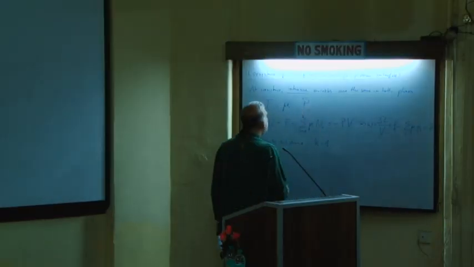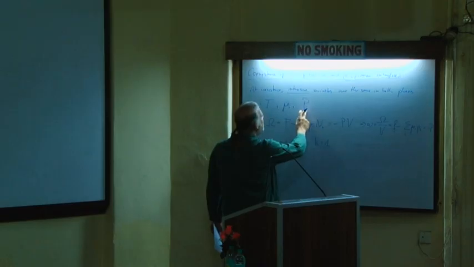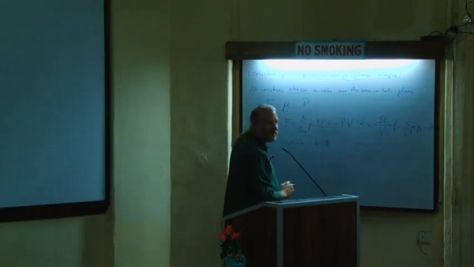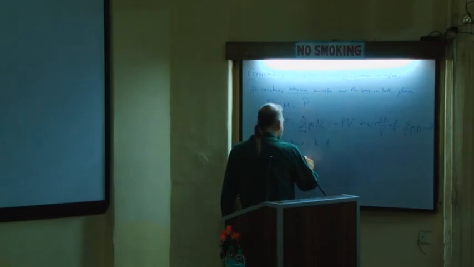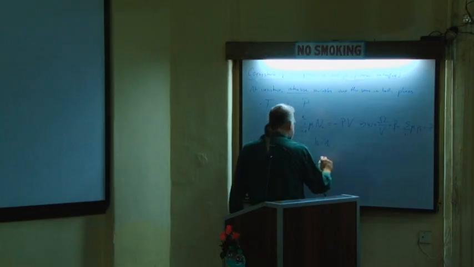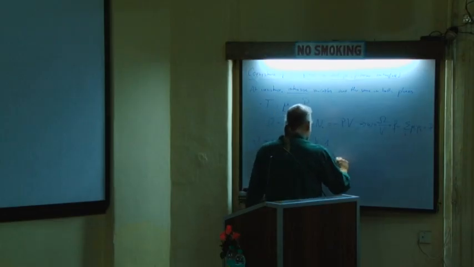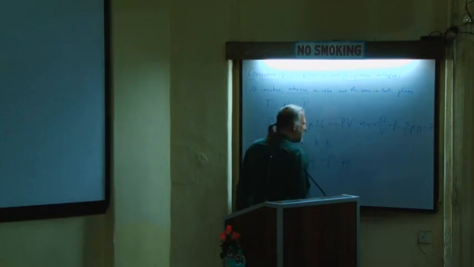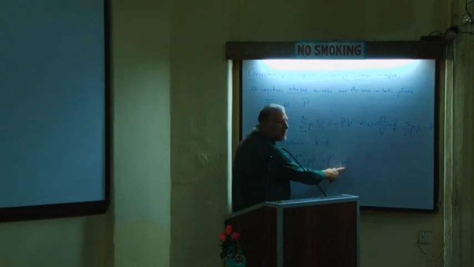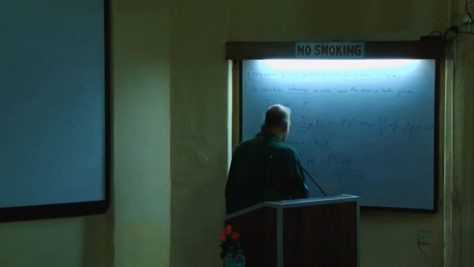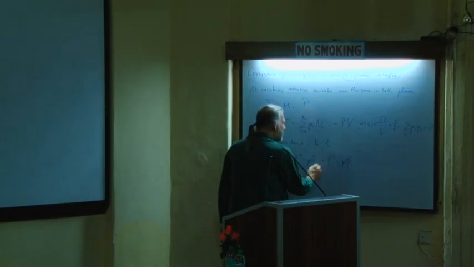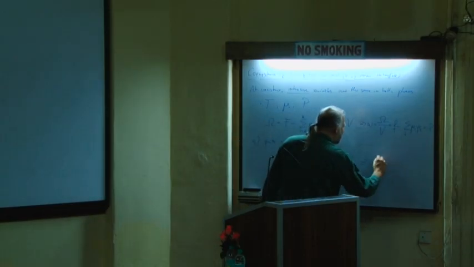So if I apply this equation that the pressures in the two phases must be the same, what do I get? I get f alpha minus mu rho bar is equal to f beta minus mu rho bar. Remember, there is only one chemical potential. I omit the index, and the density is equal to rho bar. So this falls out, and you get that the free energy densities are the same.